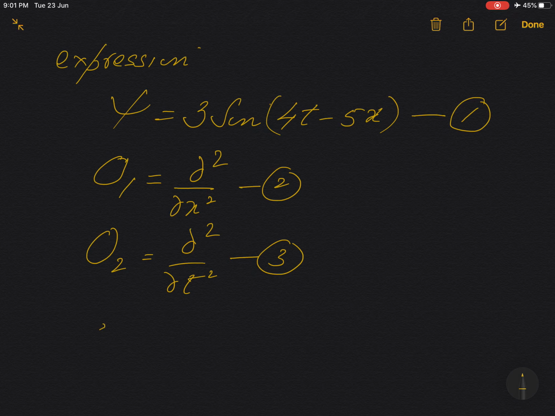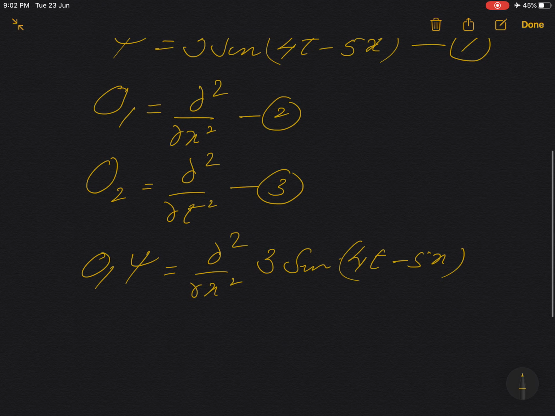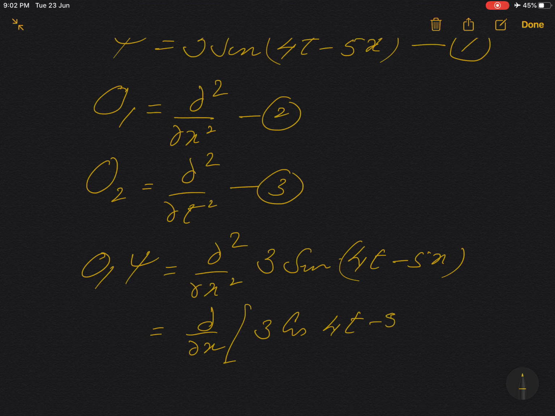So O1 into psi exactly gives me del square upon del x square into 3 sine (4t minus 5x), which is, if I differentiate it once, I will be getting 3 cos (4t minus 5x), and since the derivative is with respect to x, I will be getting minus 5 more.